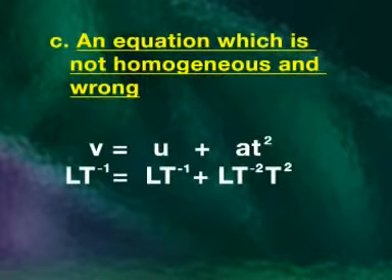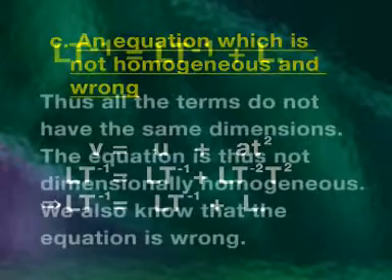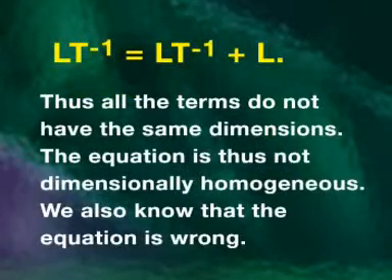Here LT to the power -1 equals LT to the power -1 plus LT to the power -2 times T to the power 2. This implies LT to the power -1 equals LT to the power -1 plus L. Thus, all the terms do not have the same dimensions. The equation is thus not dimensionally homogeneous. We also know that the equation is wrong.